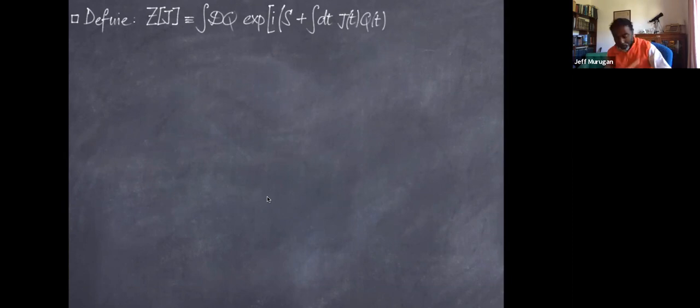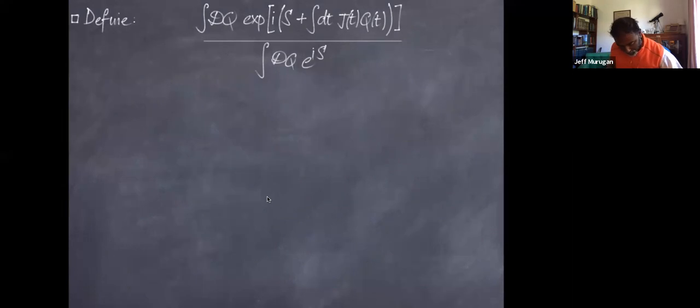So some linear term in Q, as we did for the quantum mechanics case. And then I'm going to divide this through by the integral over Q of e to the iS. So Z of J is defined to be this.